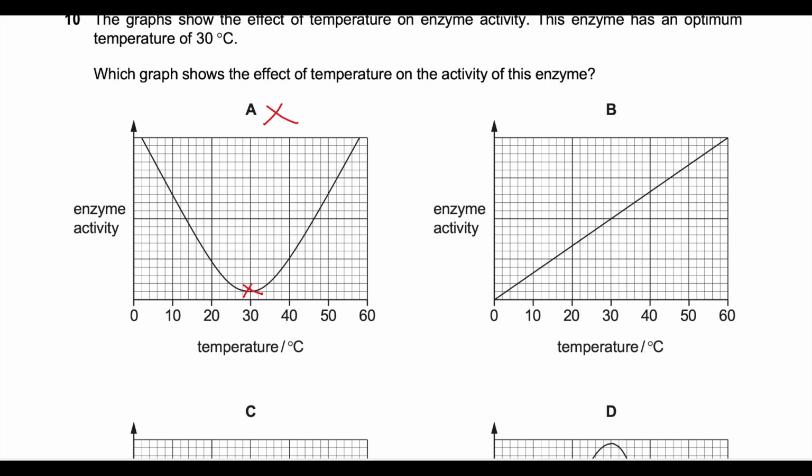We have to know that the activity of an enzyme will increase till it reaches the optimum temperature, and when we keep increasing the temperature, what will happen? The conformational change happens to the active site, and it will start decreasing. And what we see here is a constantly increasing line, meaning it's not the optimum. You can see the maximum here, even if we want to consider it, is 60. So again, it's not the right choice.